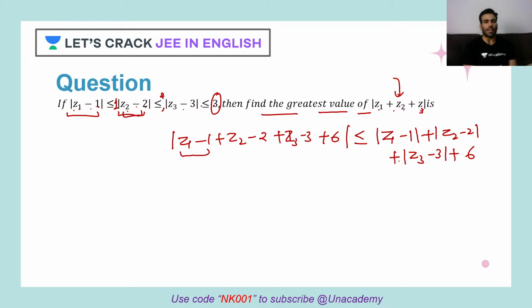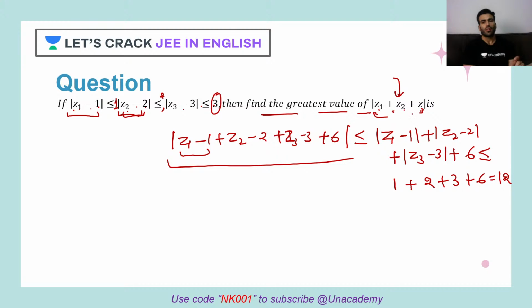Now I know that mod of Z1 minus 1 has maximum value 1. So let's put it here. This will be lesser equal to 1, then 2, then 3 plus 6. So finally I'll have this as 12. So the maximum value this can have is 12. Easy question.